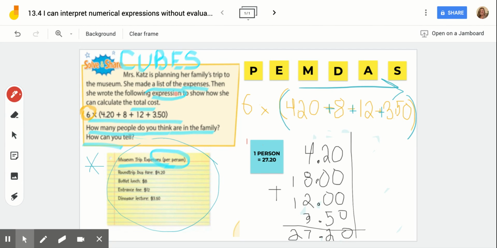So now I have $27.20 per person. And I'm multiplying that by 6, right? Because my 6 is over here outside my parentheses next to a multiplication symbol.